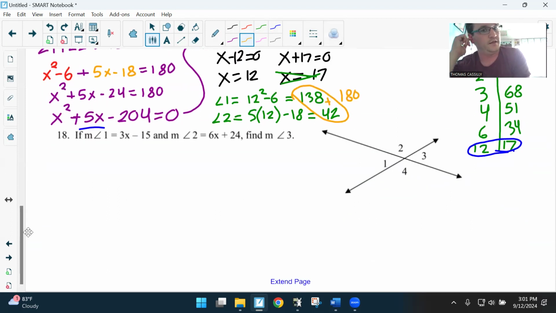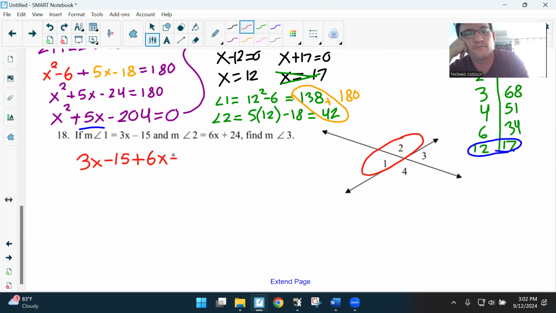All right, last one here. Angle 1 and angle 2, we need to find angle 3. Angle 1 and 2, linear pair, supplementary. So 3x minus 15 plus angle 2, which is 6x plus 24, equals 180.